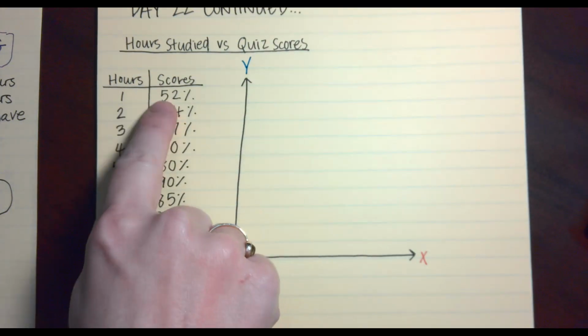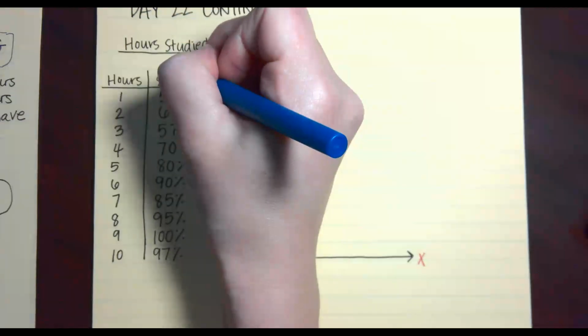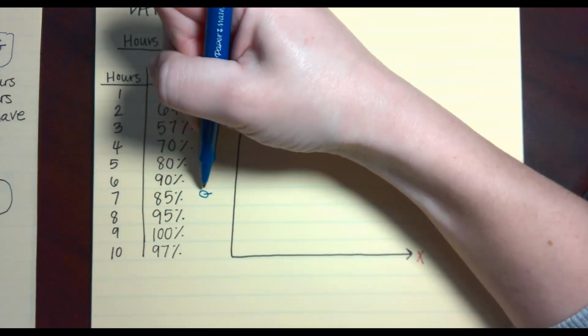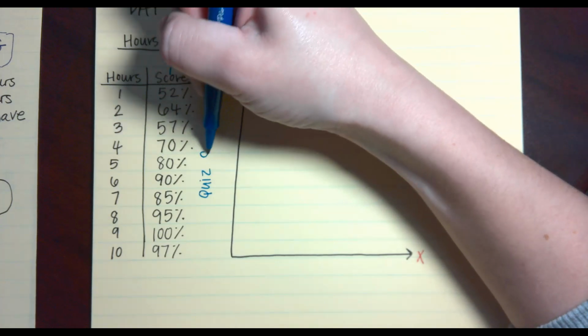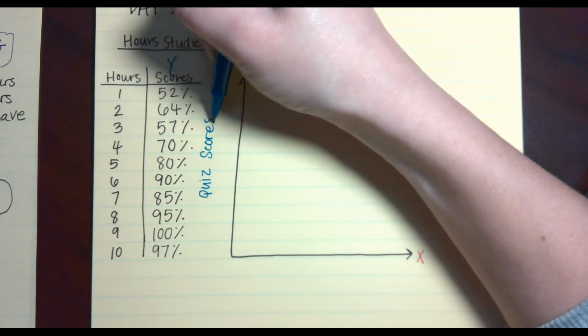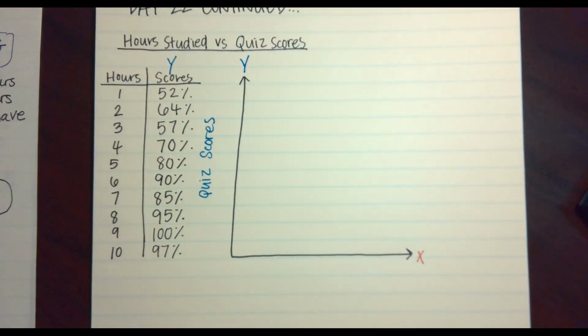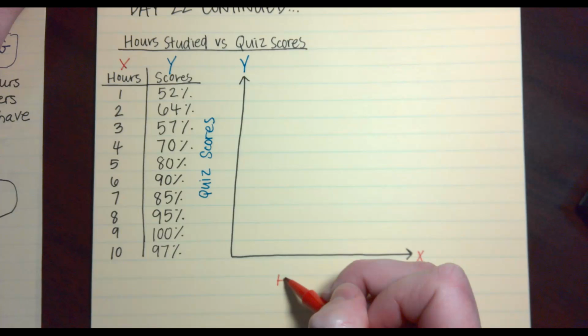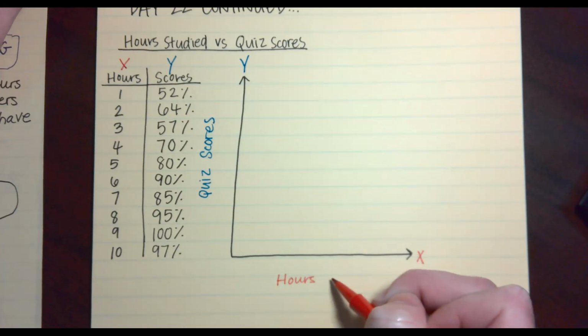Yes, my scores are my y values. So I'm going to write on the side here, I want to label this quiz scores. And so that means my x-axis must be measuring the number of hours studied.